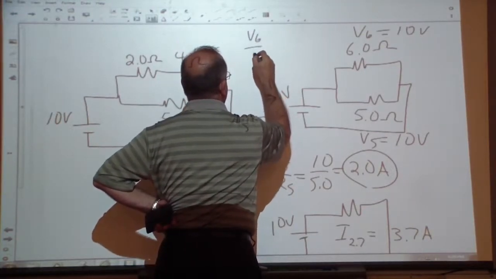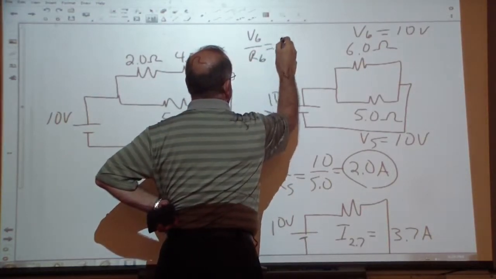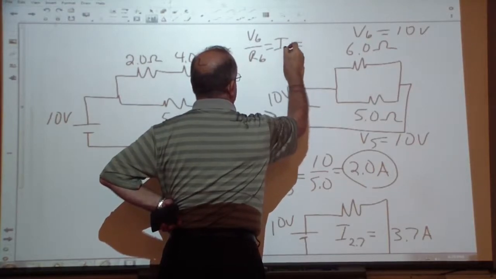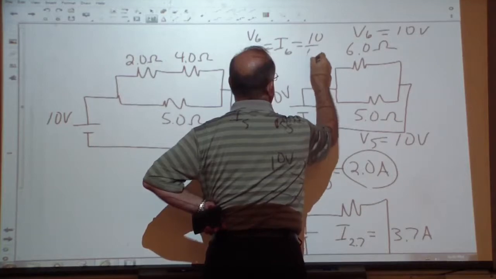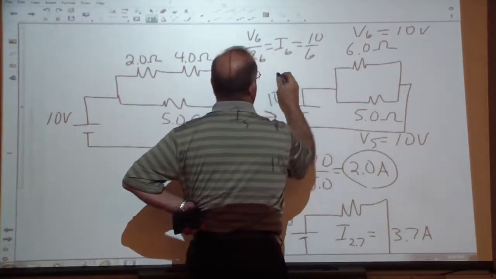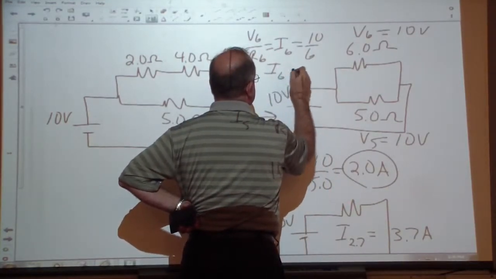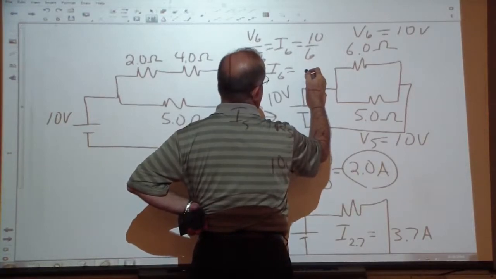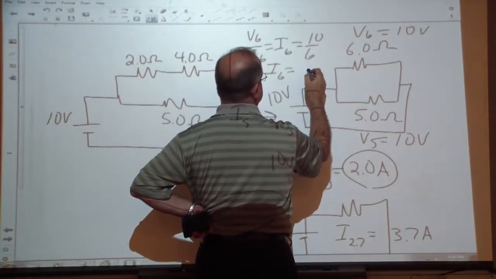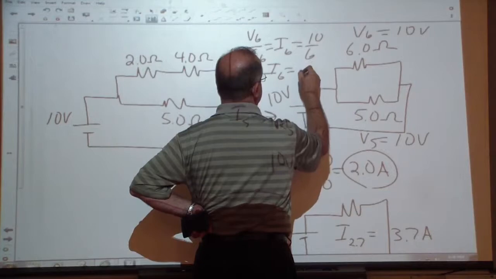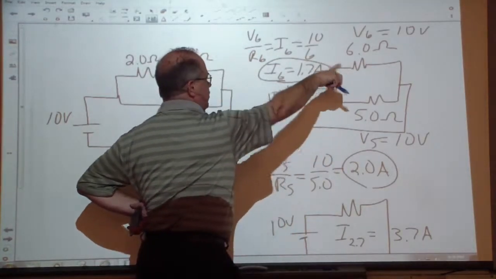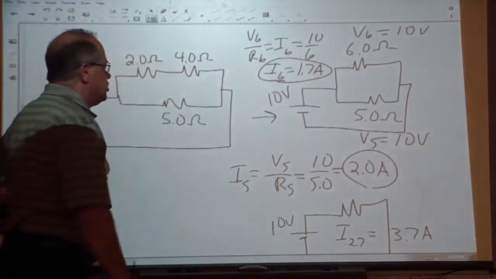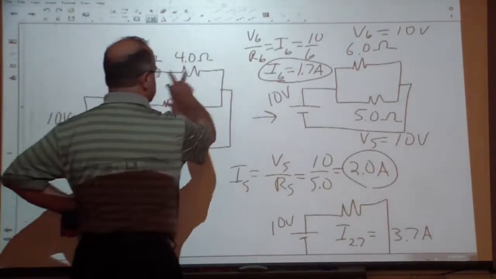V6 divided by R6 equals I6, which equals 10 divided by 6, and therefore I6 equals 1.7. That's the current in that one, okay? That's also going to be the current in these two right here.